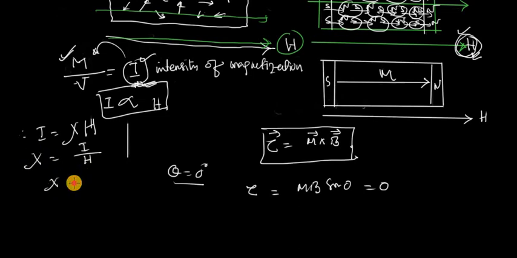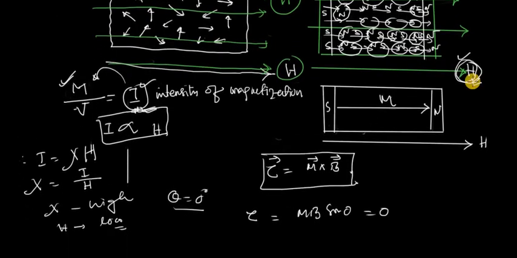That means a high chi means that the sample is easily magnetized, because for a high chi value a low amount of H is required to get a high amount of I, that means a high magnetic moment, that means highly magnetized.